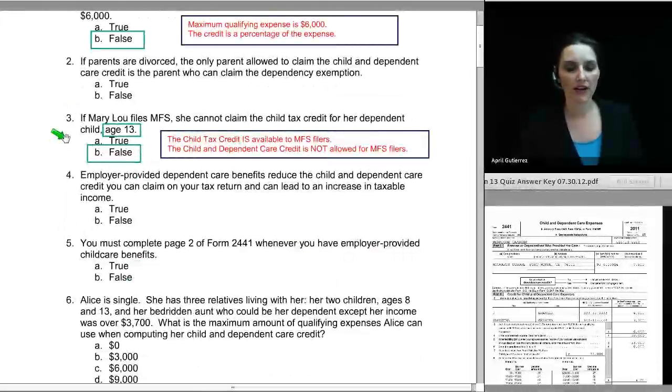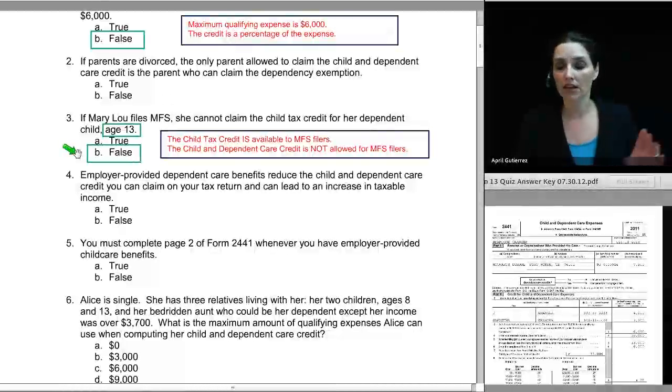Moving on, the next most frequently missed question is question number 3. If Mary Lou files married filing separate, she cannot claim the child tax credit for her dependent child age 13. This is a false. And again, we're saying read the question and remember the rules. Now, for certain filing statuses, certain credits are thrown out and are not available, including the Child Independent Care Credit and the Earned Income Credit.